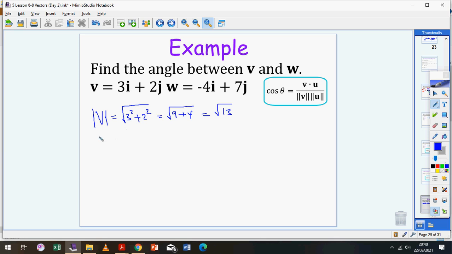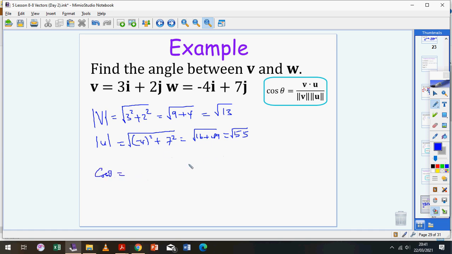Magnitude of U will be negative 4 squared plus 7 squared under square root, which is 16 plus 49 under square root, which is square root of 65.